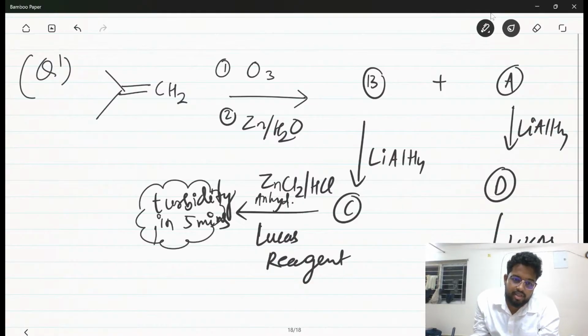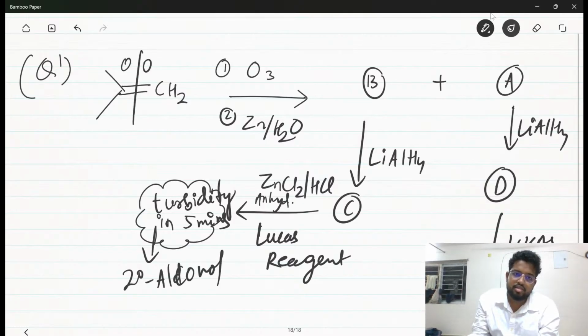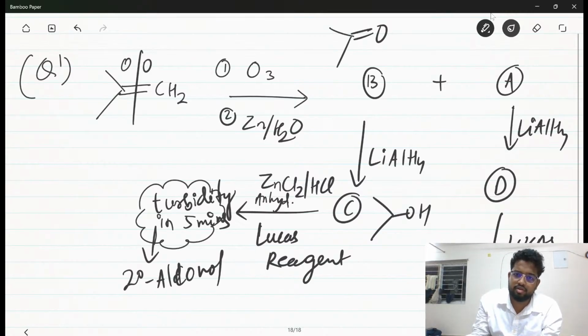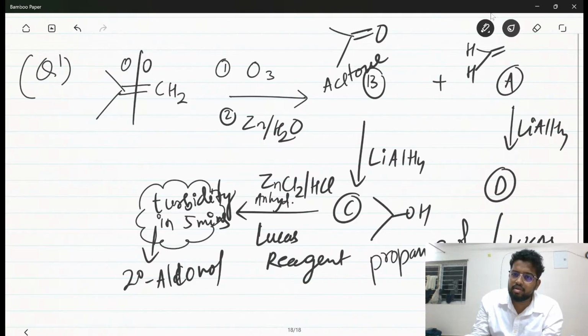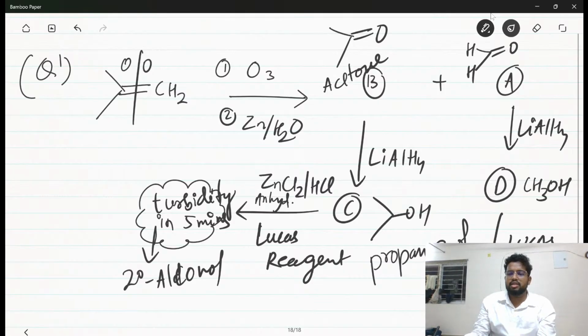Now, 5 minutes means this is a 2 degree alcohol. Which one is the 2 degree alcohol? C. A 2 degree alcohol can be prepared from reduction of ketones. See, this acetone will become propan-2-ol, whereas this part, H double bond O, in presence of LiAlH4 gives us methanol, and methanol gives turbidity in hours.